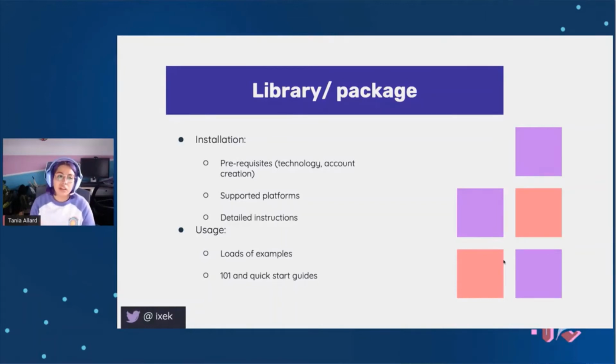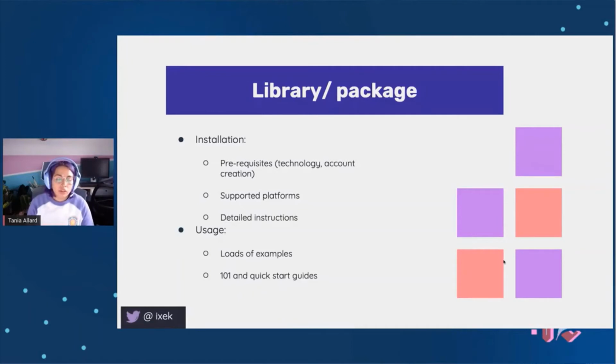And provide detailed instructions. If you are covering the 3 main platforms, let's say Windows, Linux, Mac OS, provide detailed instructions on all of them to be able to install your package. Bonus points if you have a stable and beta release, and you also provide instructions on how folks can get the Edge or the latest or the stable release.